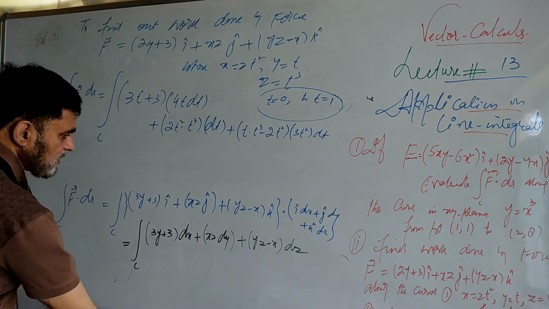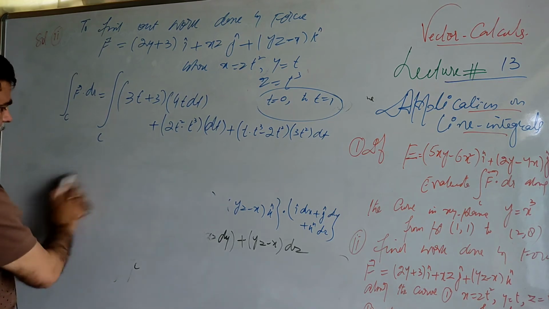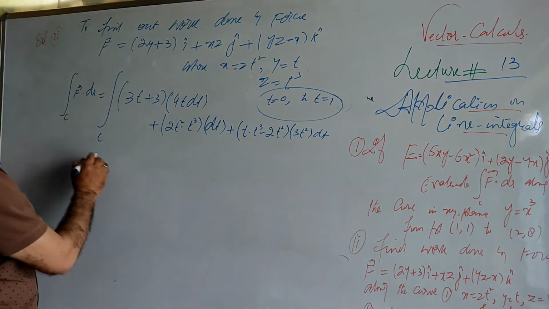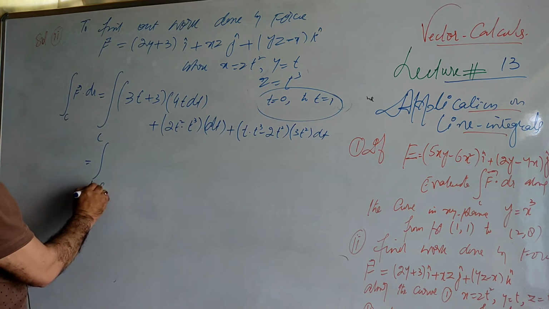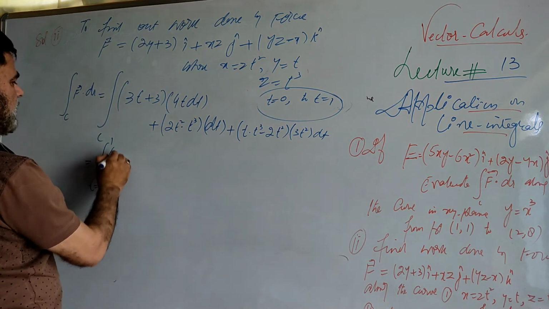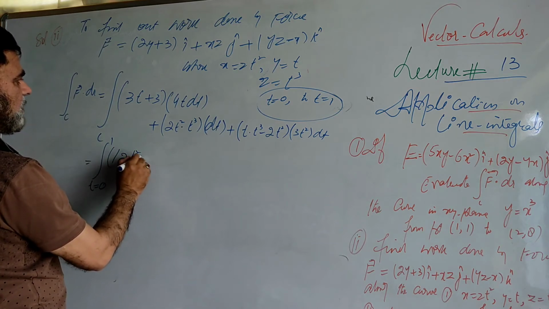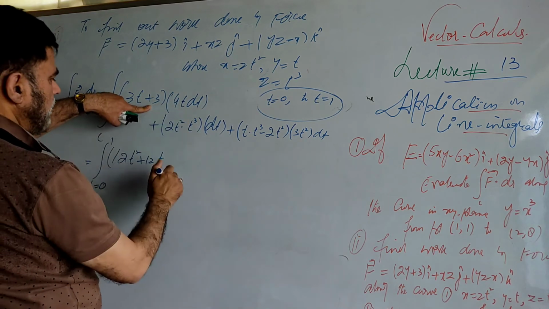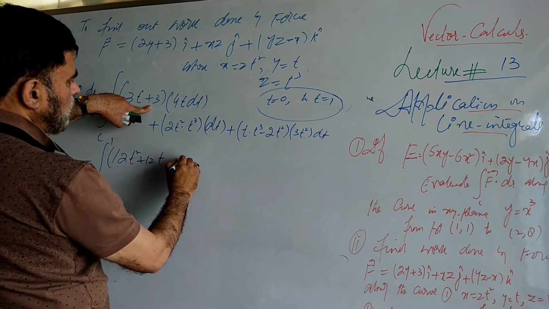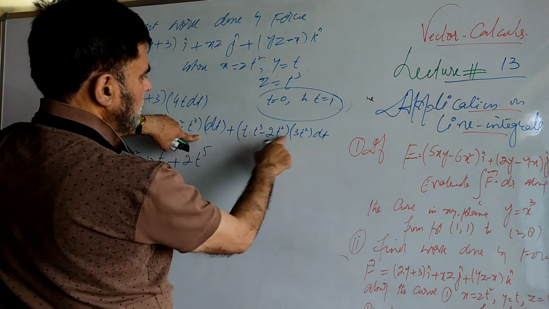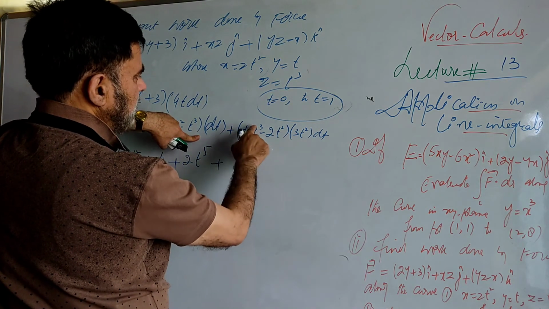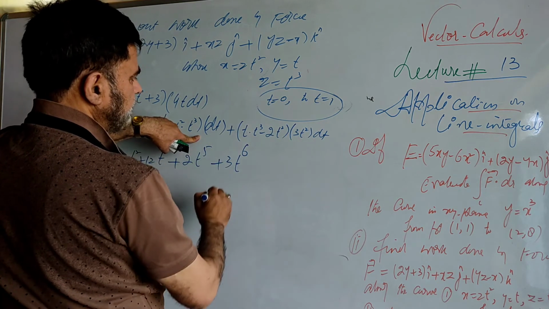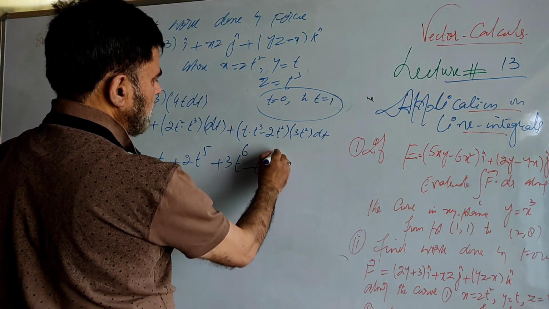Now you can simplify this integral as, t running from 0 to 1, 12 t square plus 12t, then plus 2 t raised to the power 5 times t cube, which gives 2 t to the 6, then plus 3 t to the 4 plus... minus 6 t to the 4 dt.